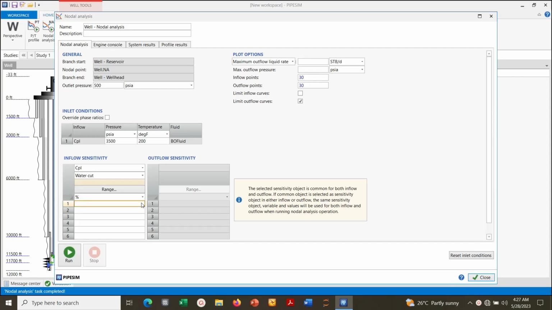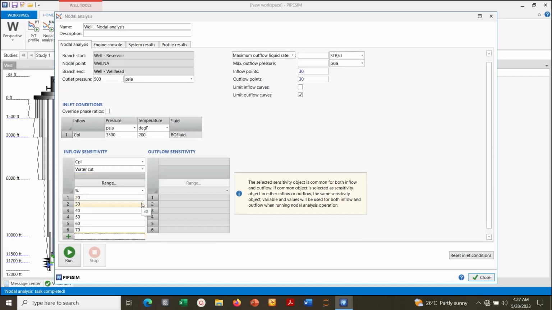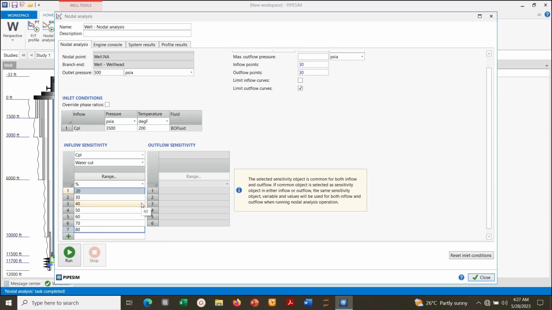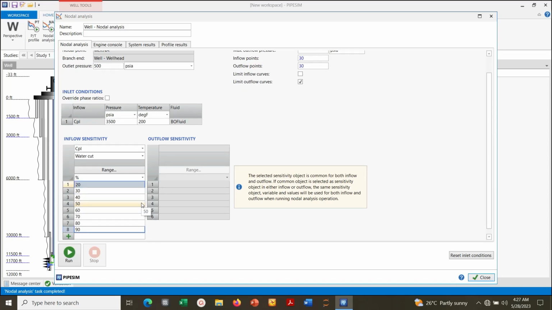Then start with water cut of 20%, 30%, 40%, 50%, 60%, 70%, 80%, and 90%.